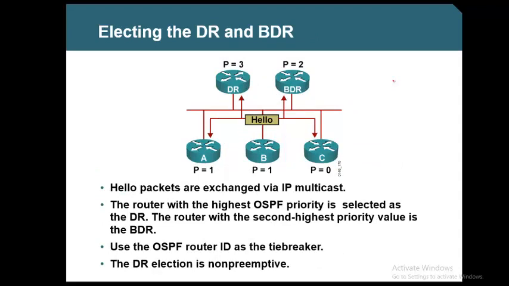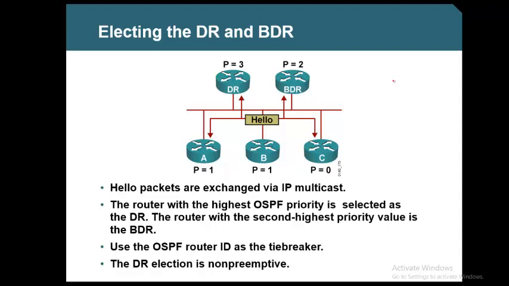This is what I just finished talking about. The one with a high priority becomes the designated router, and we see here a router with priority 3 becomes the DR. The command to configure this is to go under the interface and say ip ospf priority. 255 is the biggest number, 0 is the lowest.